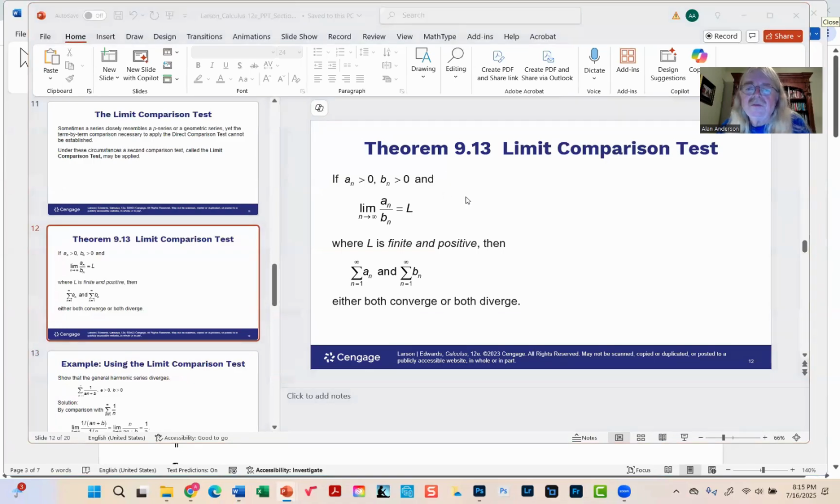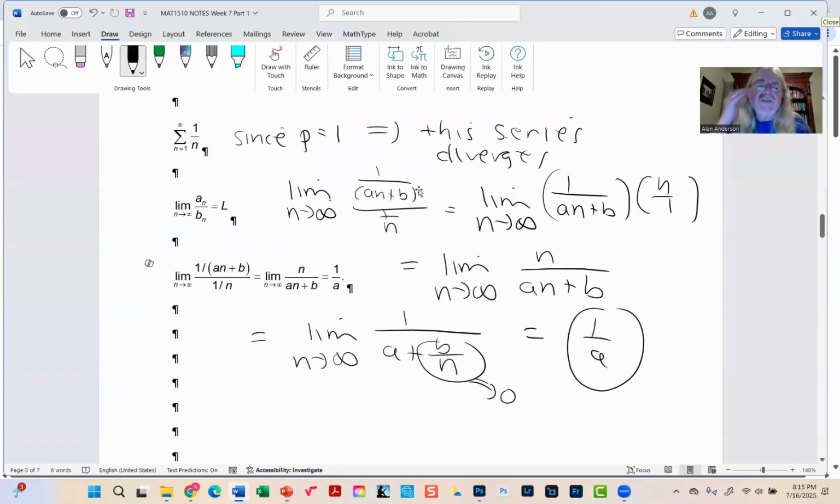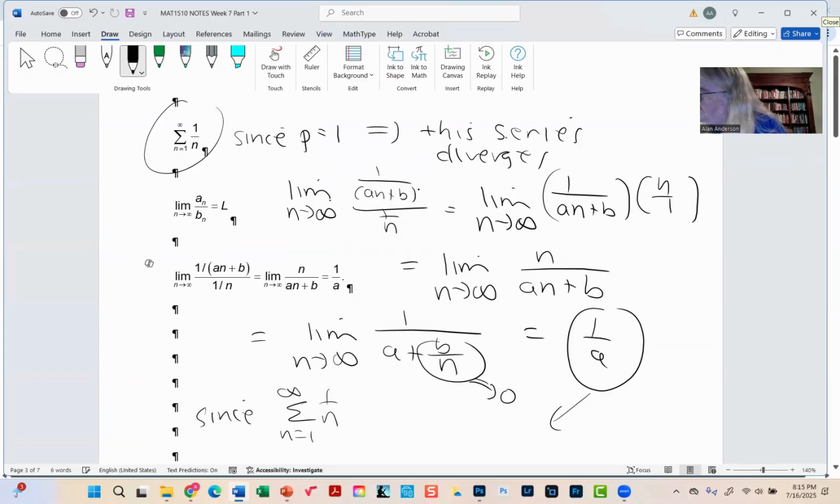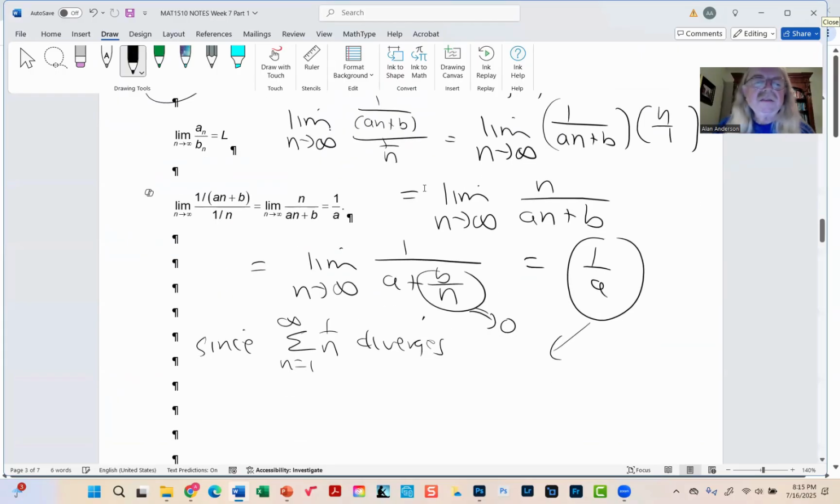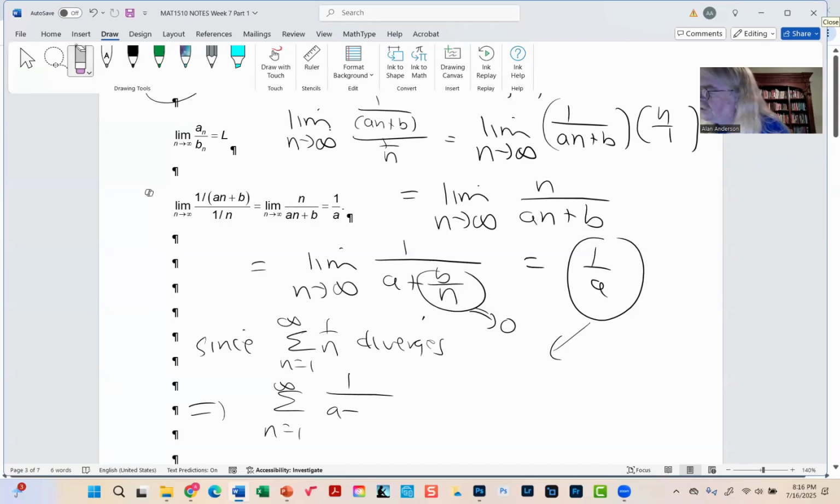Now, the one we do know, the P series diverges. And so this result tells me that since 1 over n diverges, that implies that this expression, 1 over (an plus b), also diverges.